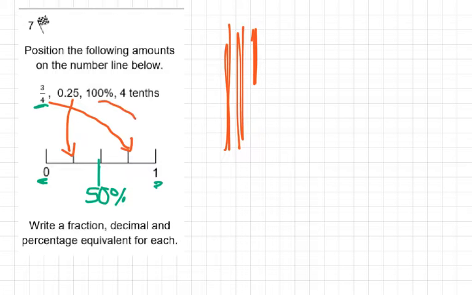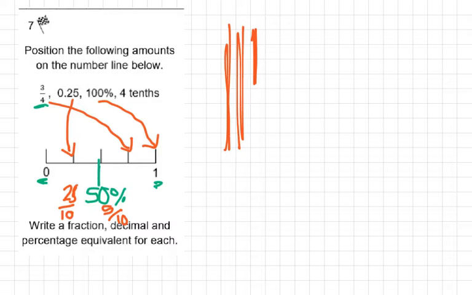100%, that's easy. That's the whole thing. 4/10. Now that's tricky because 50% is 5/10. And 0.25, well, we know that is 25 over 100.